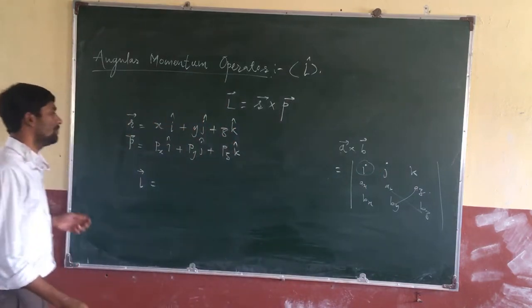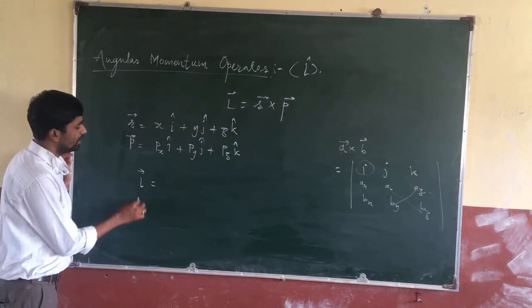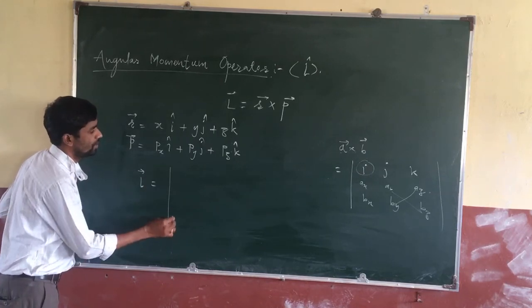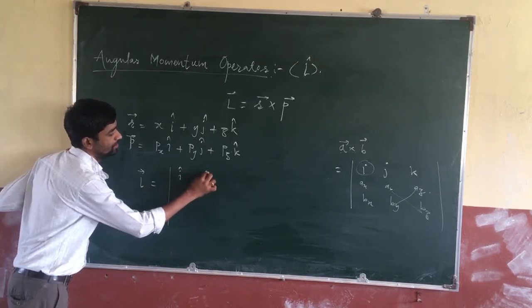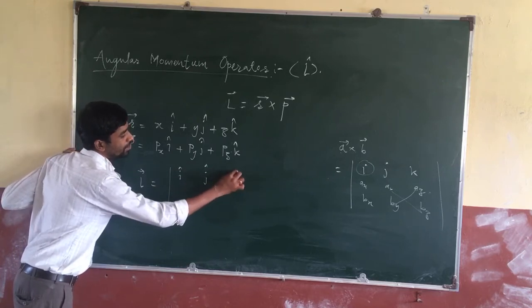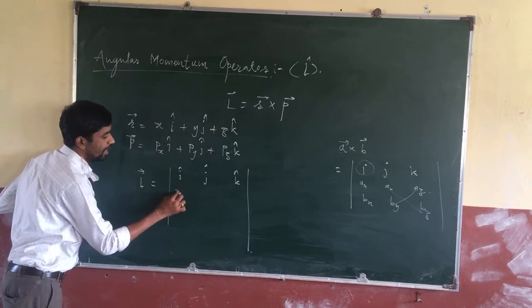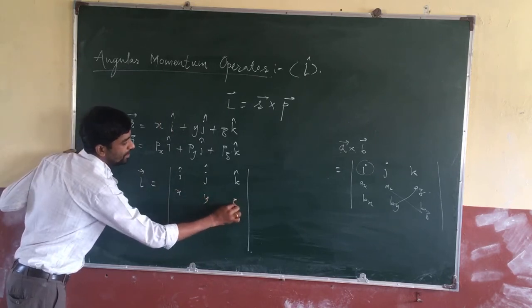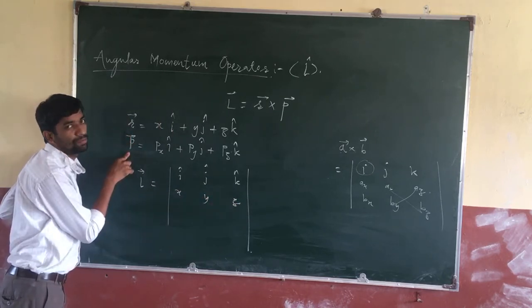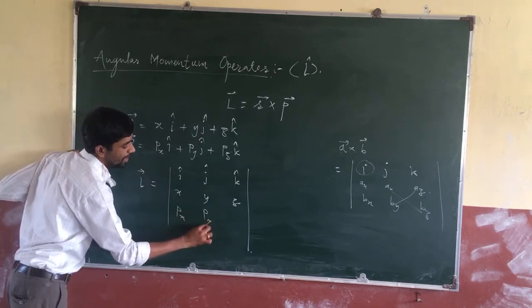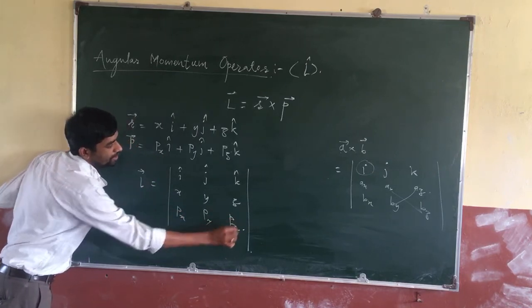So in this way you get the L vector as the determinant with i cap, j cap, k cap, then the r vector x, y, z, and the components of linear momentum along each axis, px, py and pz.